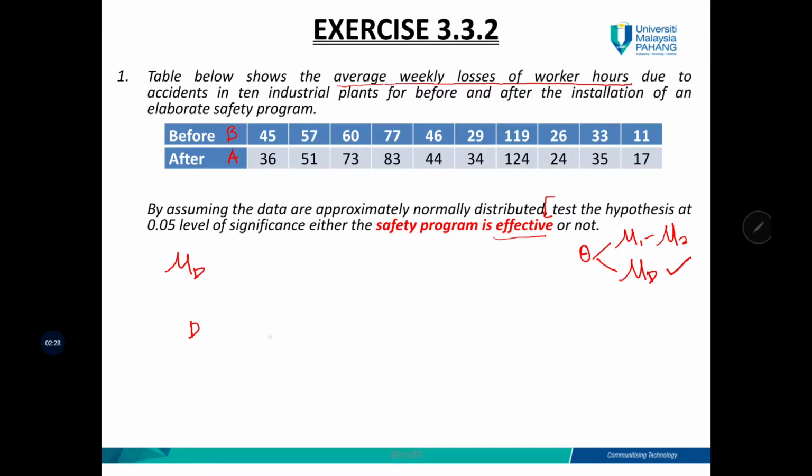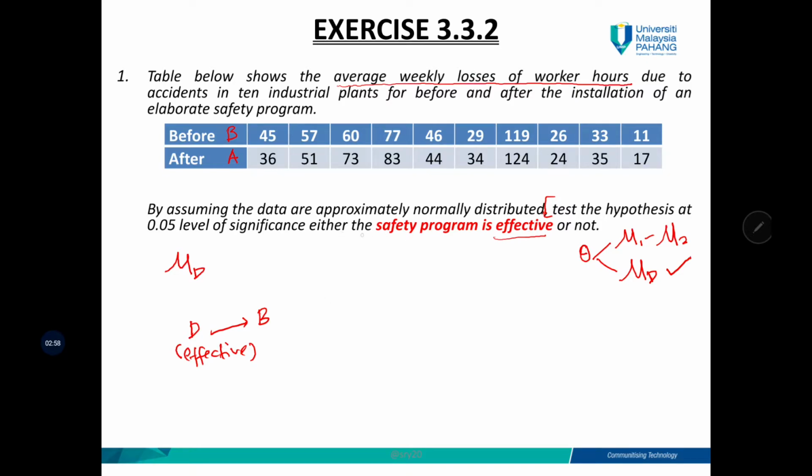We have two approaches here. Remember that d is what we want to get for effectiveness. Looking at the variable, it is the average weekly losses of worker hours.